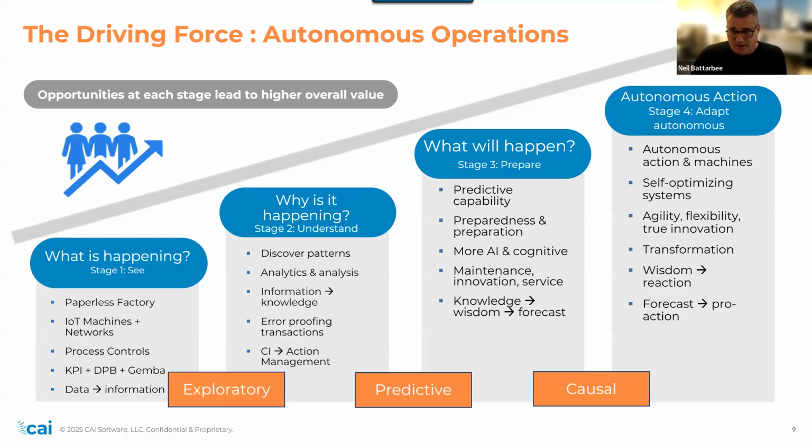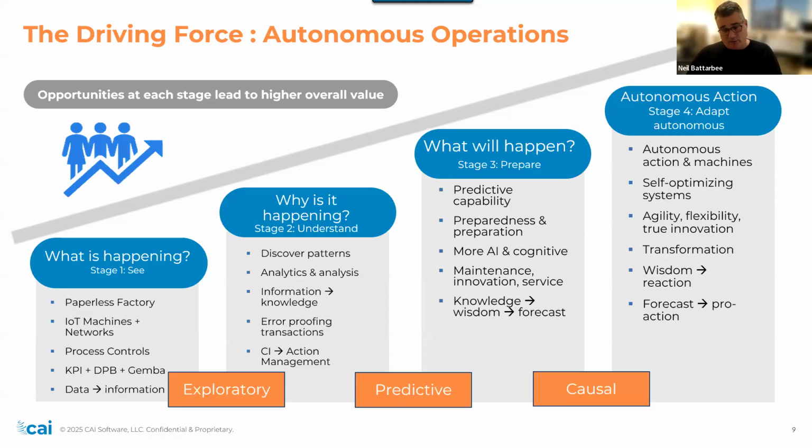On the far right hand side, I'm not even going to spend too long on this. I would say stage 4, autonomous actions, is more appropriate for true process manufacturing, right? Where you've got software controlling systems and self-learning and complete lights out manufacturing.